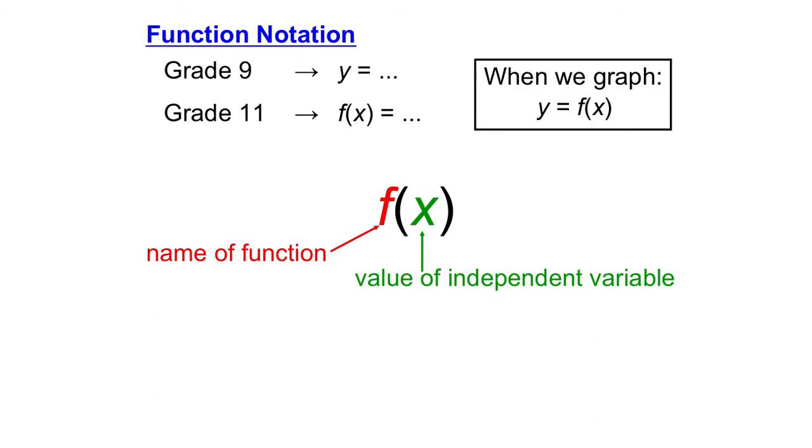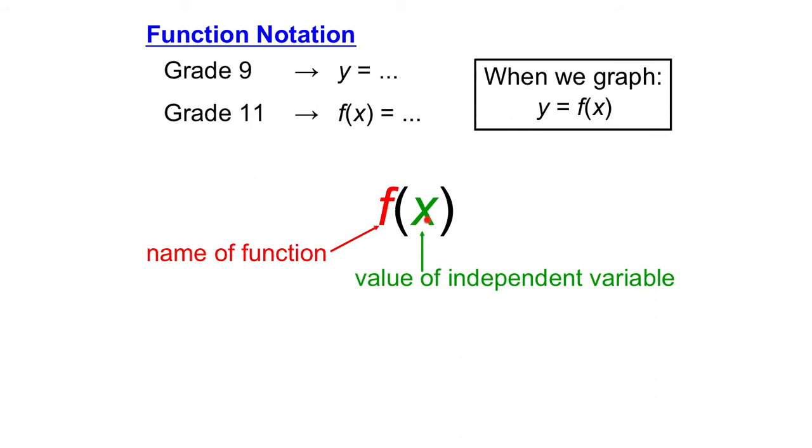Now, important to remember whenever you're using function notation is what it means. Yes, f of x is whatever you're graphing on the y-axis of your graph, but the labels mean something. Whatever letter you're using, could be f, could be h, could be whatever letter you want, that is simply the name of the function. So this function is named f.